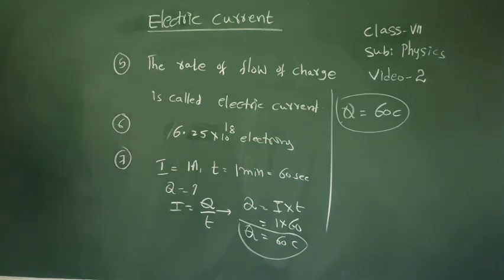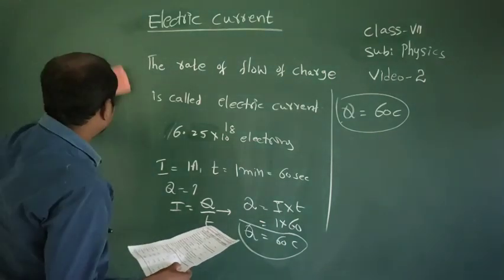Okay. Next, when 1 coulomb charge flows through a conductor in 1 second, the current flowing through the conductor is.